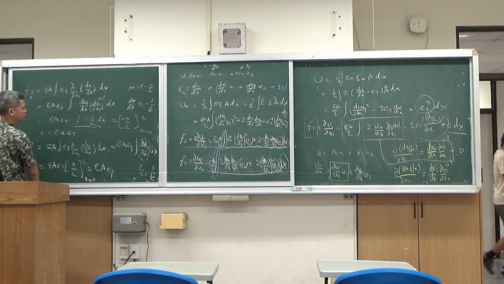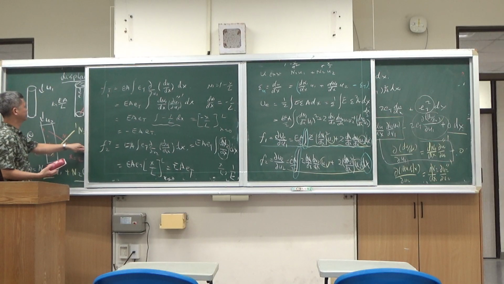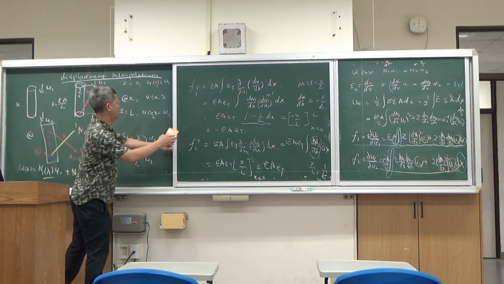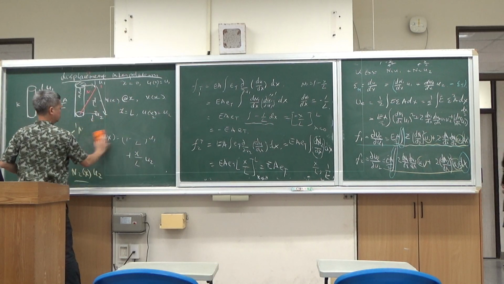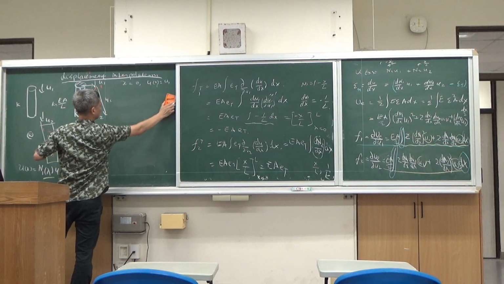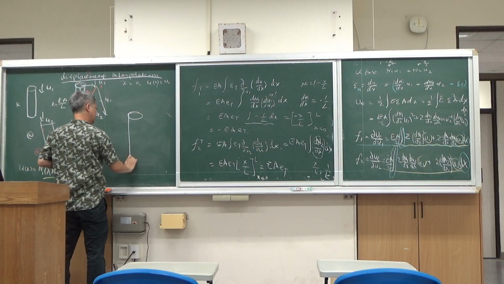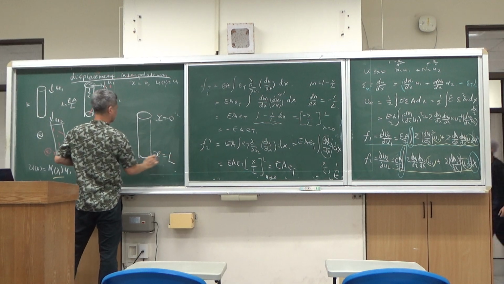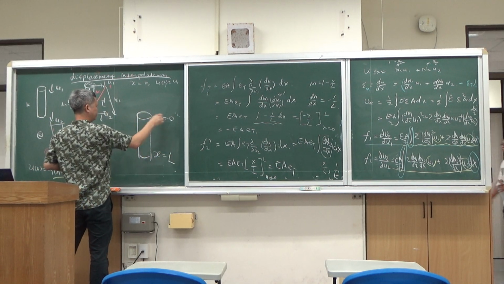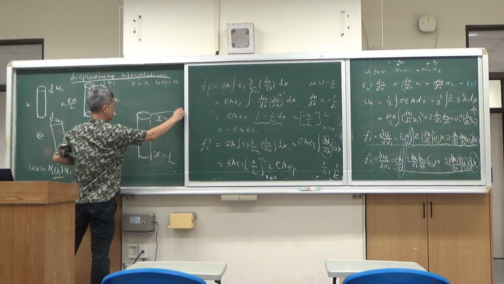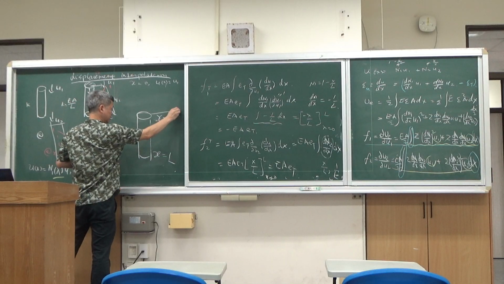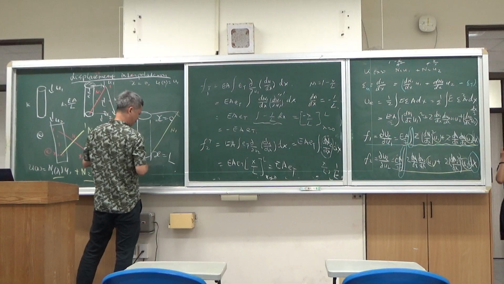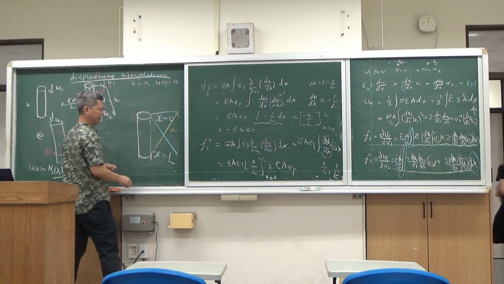Okay, if you now draw the rod, if x is 0 here and x is L here, now your shape function N2 is in this direction and shape function N1 is in this direction.